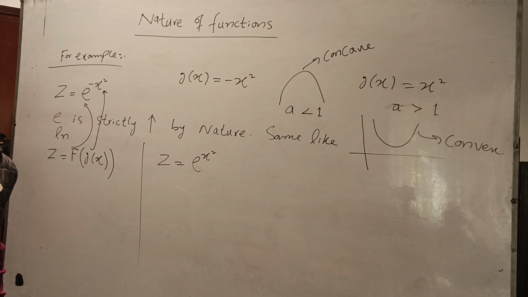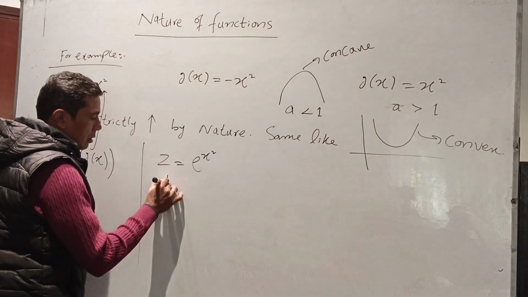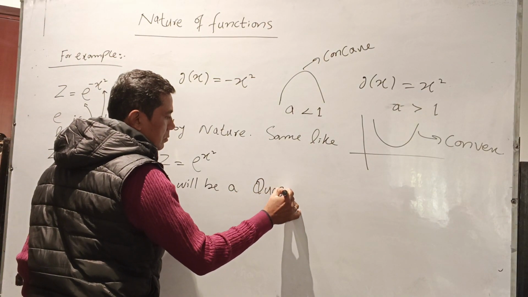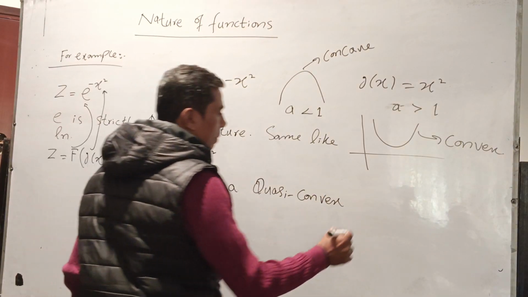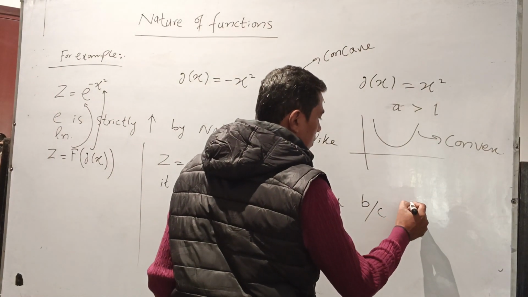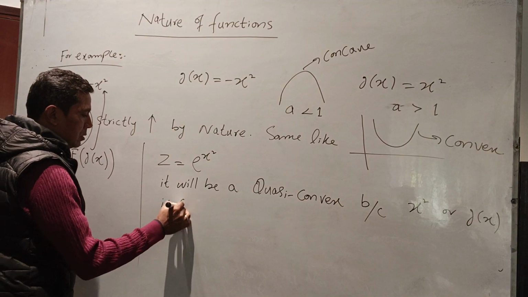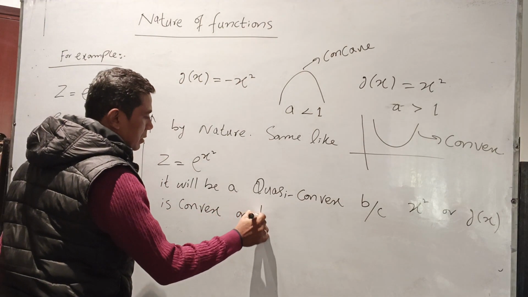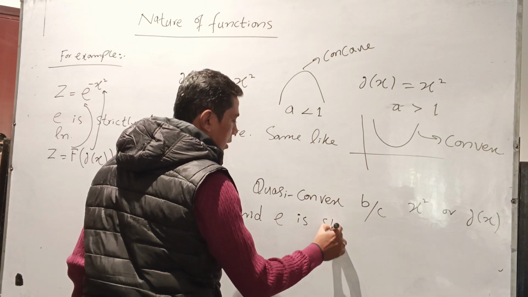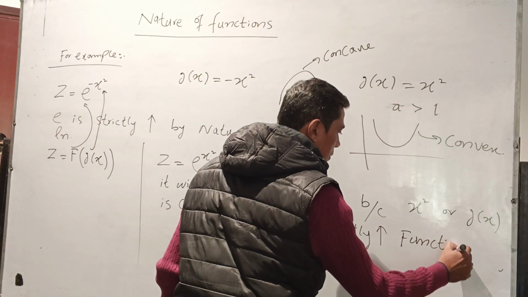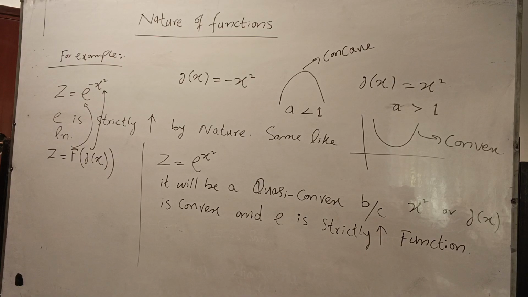So it means it will be quasi convex, because x square or g of x is convex and e is a strictly increasing function. e is a strictly increasing function. Clear?